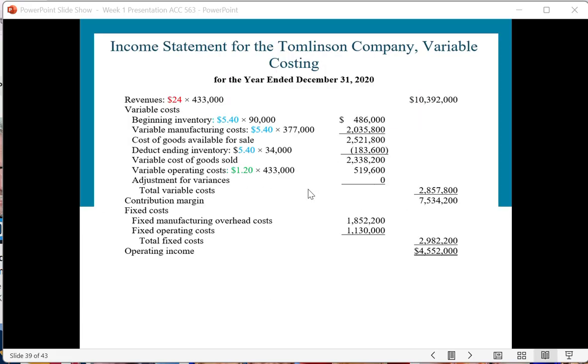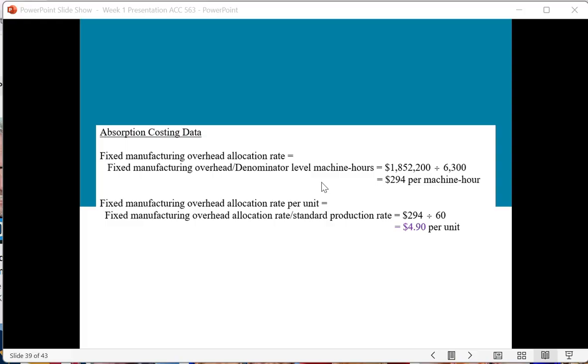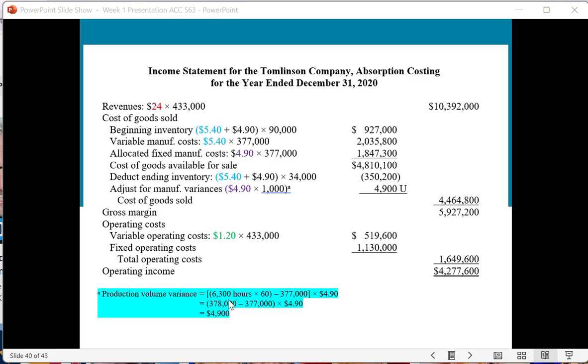If we look at our calculations, we expect our rate, right, is based upon the 6,300 machine hours. So we'll find that we produced 1,000 less than we thought we were going to produce. So we have to put the 4,900 up here.